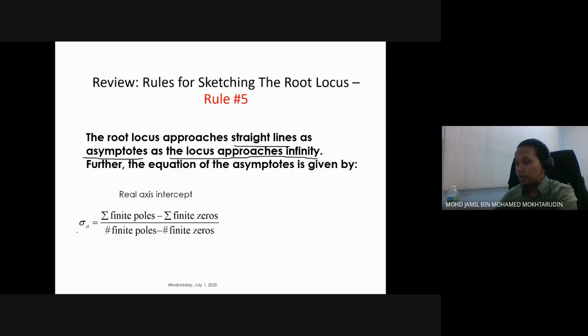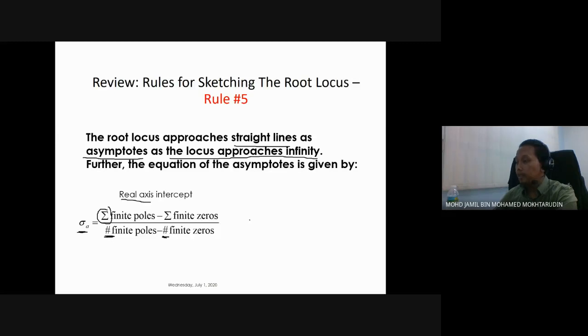The first formula is the real axis intercept, which equals the sum of poles minus the sum of zeros, divided by the number of poles minus the number of zeros. When you calculate this, you will get the real axis intercept.